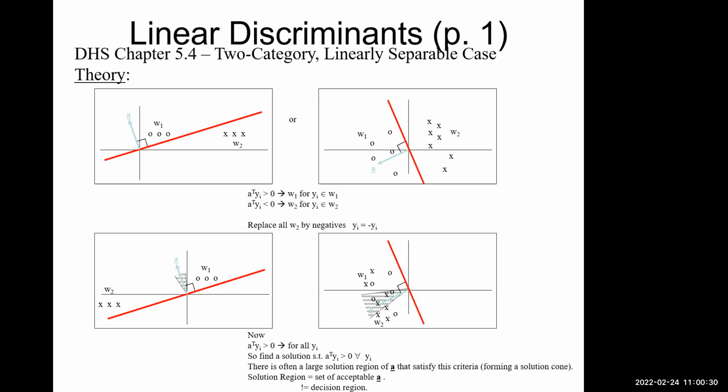is I can say, if negative Y is greater than 0, we're going to have a smiley face. Instead of saying if Y is less than 0, we're a smiley face, we're going to say if negative Y is greater than 0, we'll have a smiley face.